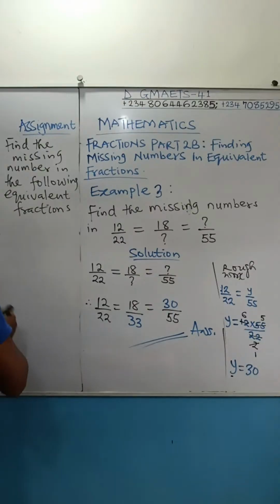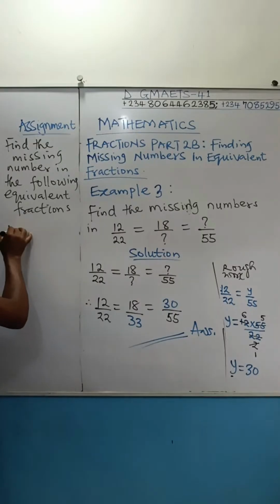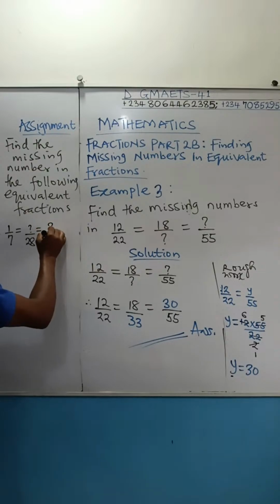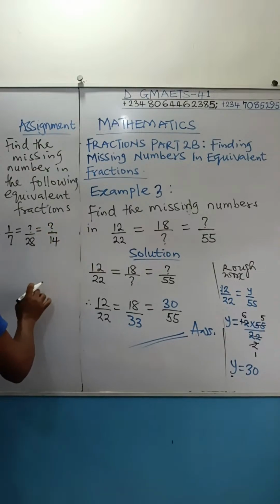Number 1, 1 over 7 equal to question mark over 28 equal to question mark over 14.